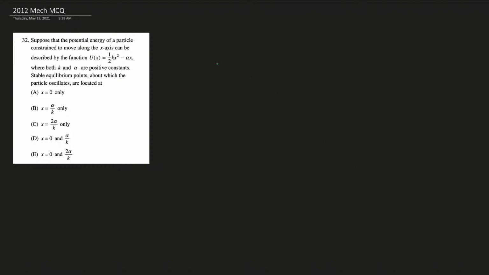What you gotta realize is that this is a potential energy function as you move across the x-axis. And you can only move in the x-axis, so we don't have to worry about y. Now, the crucial thing to realize is that this is a parabola. So if I were to graph U of x against x, if you think about the properties of a parabola, I think this is one I would memorize for the AP Physics C exam: the axis of symmetry is at negative b over 2a.